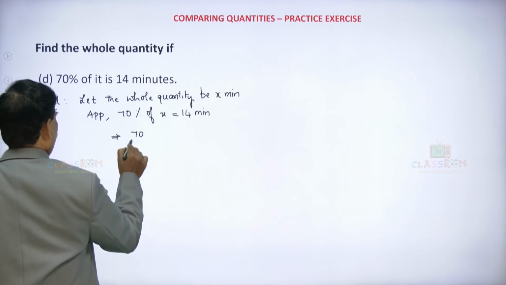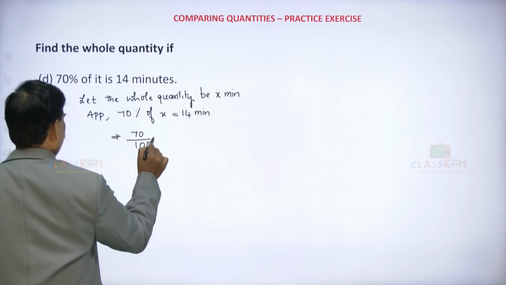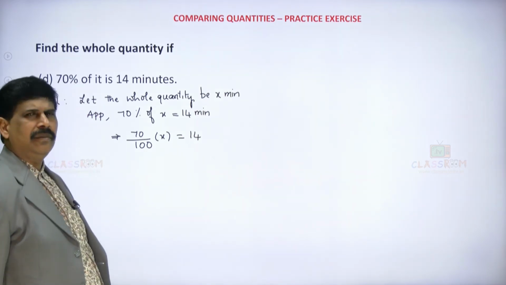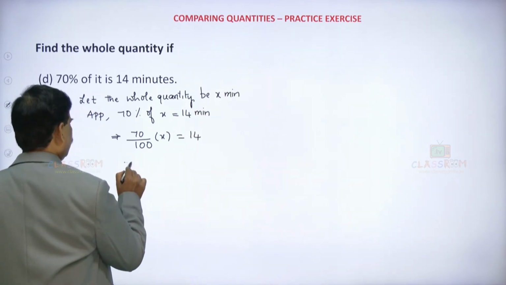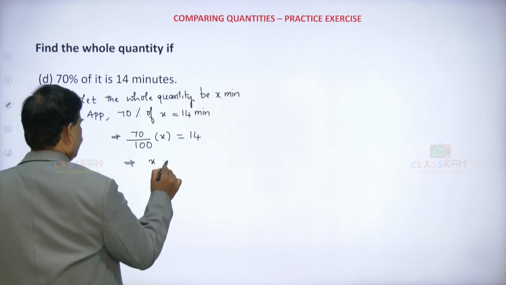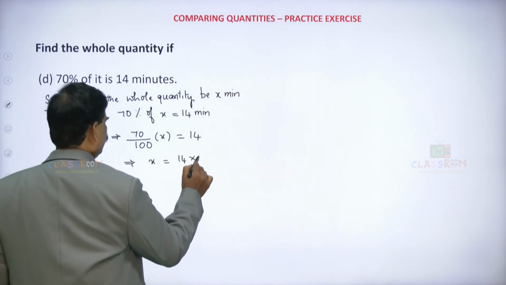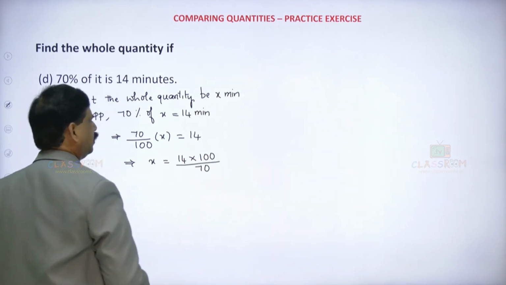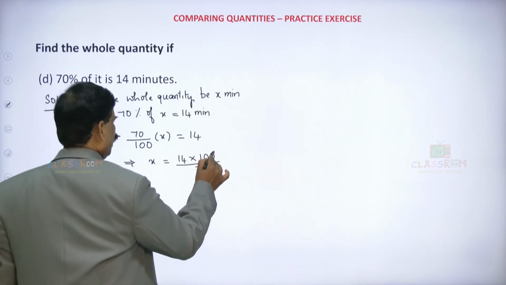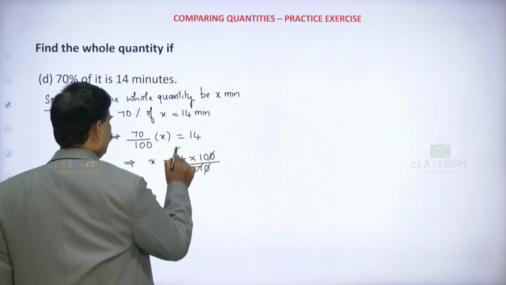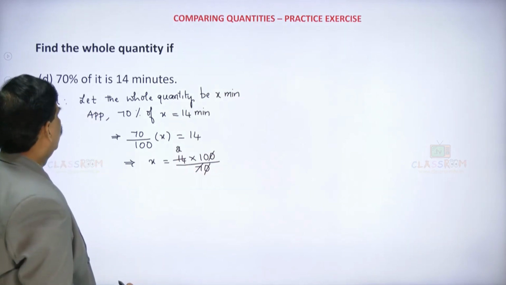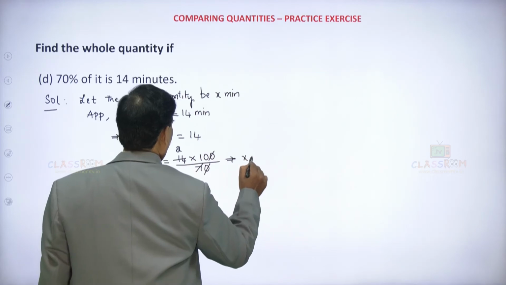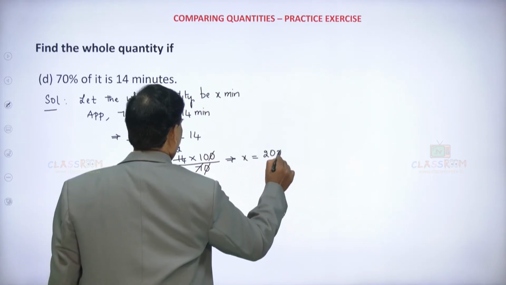So that is 70 upon 100 into x is equal to 14. Simplify for x. Then x is equal to 14 into 100 by 70. 0 and 0 get cancelled. 7 1s are 7, 7 2s are 14. So x is equal to 2 into 10, 20 minutes.